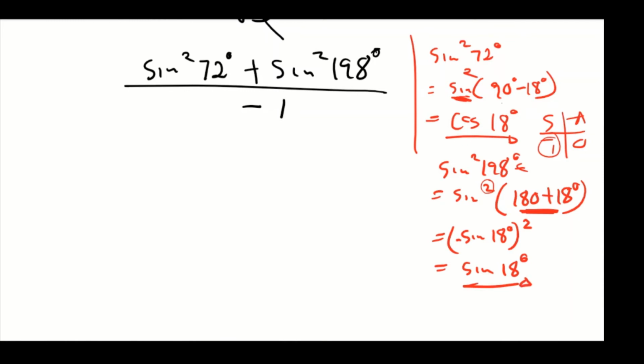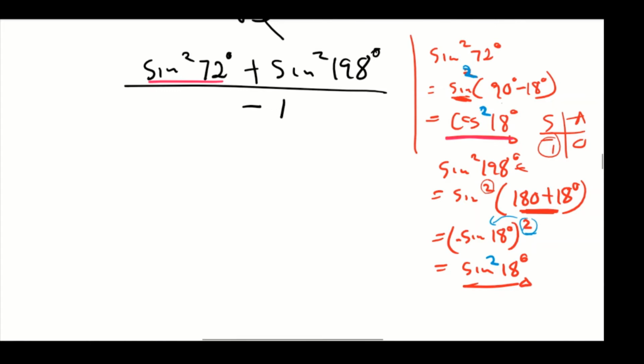So in place of this sine of square root of 72, you're going to write cos of 18 degrees, but remember that it is squared. I forgot to put it, because it's squared here, it's going to be squared even here, because the outside power will multiply any power that it finds inside.